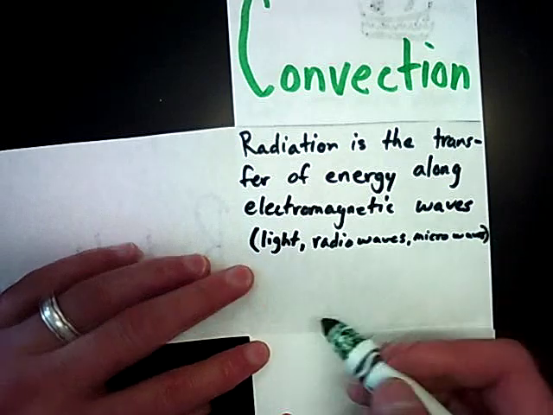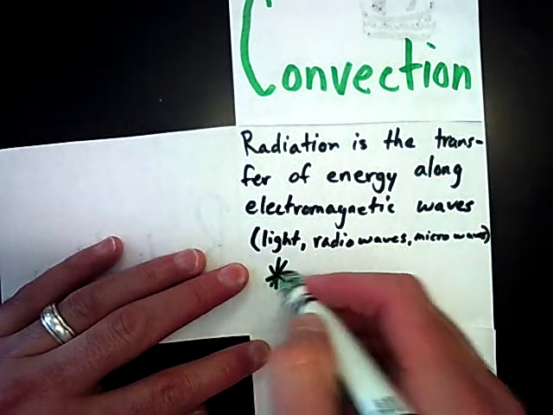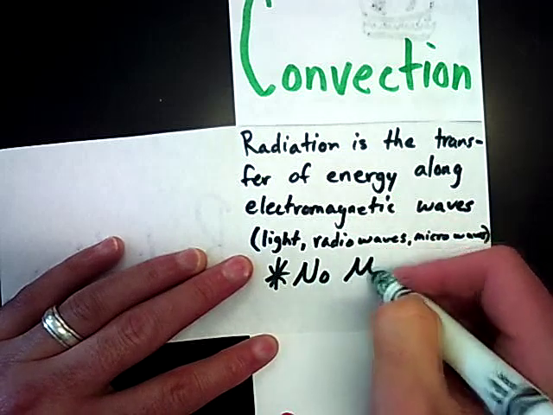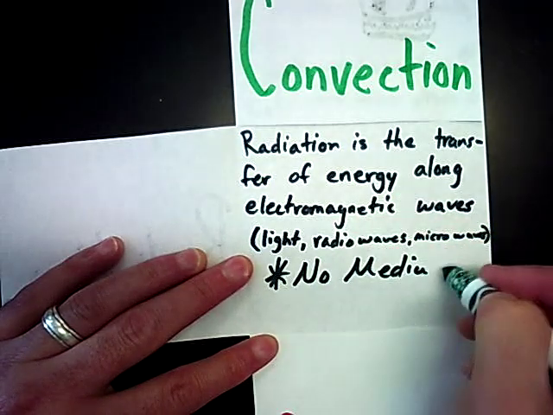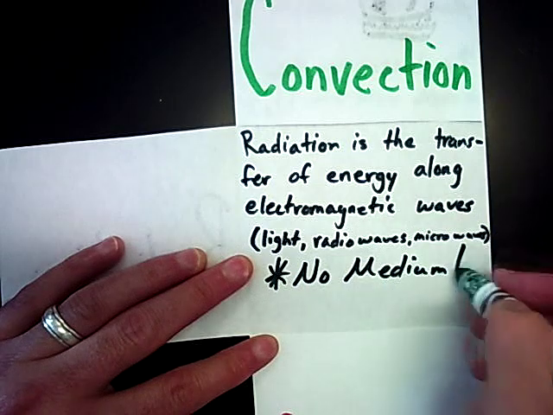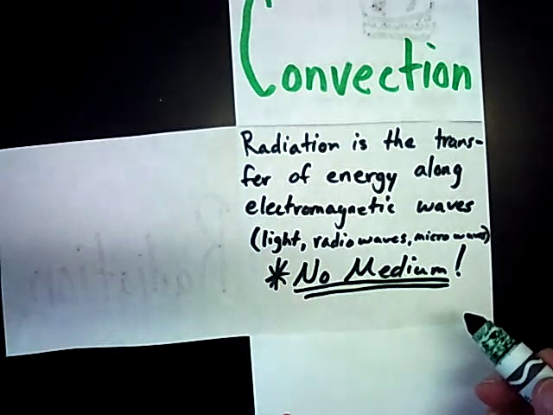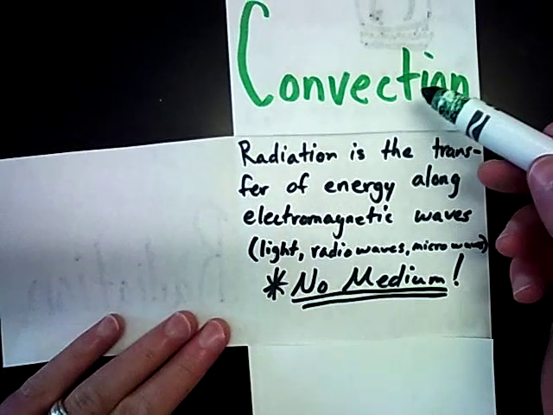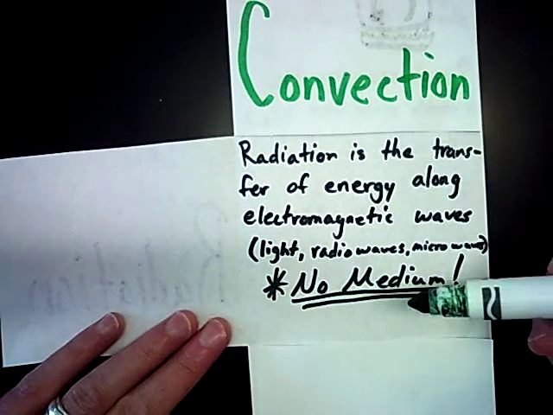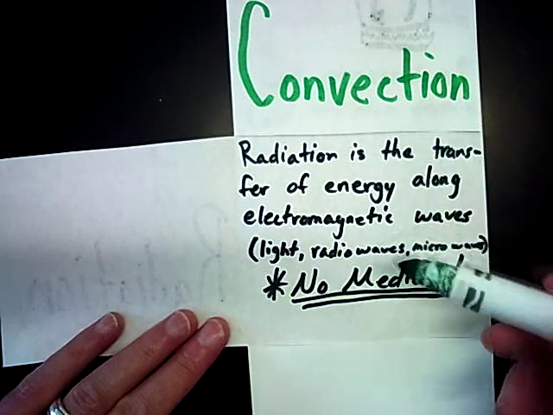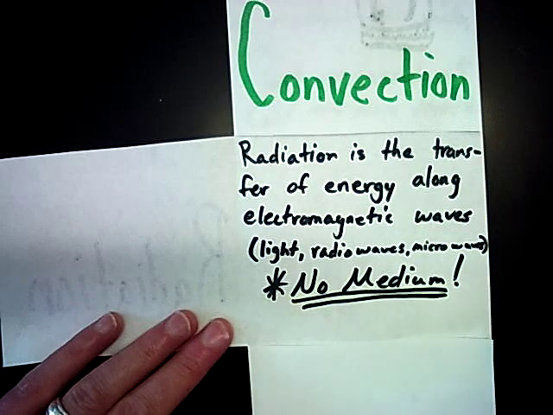Okay, so the key thing to remember here, or what's really important, is that there is no medium required. No medium means there's no matter. It can move through empty space. Now, if you remember, with convection, it has to have a medium like water or air or some sort of matter to move through, whereas radiation it can move through empty space.